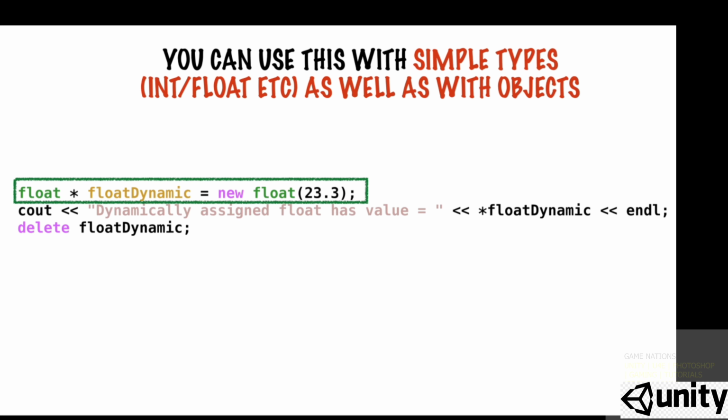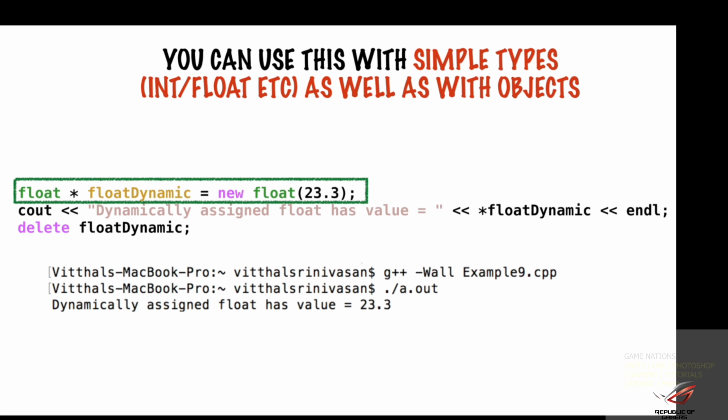It's a dynamically allocated pointer variable to a float data type, equal to new, that's the keyword that we use, float, and in brackets we pass in one argument, which is the value of the float. The float data type, which is built into C++, has a constructor which takes in one argument, which is what we are using over here.